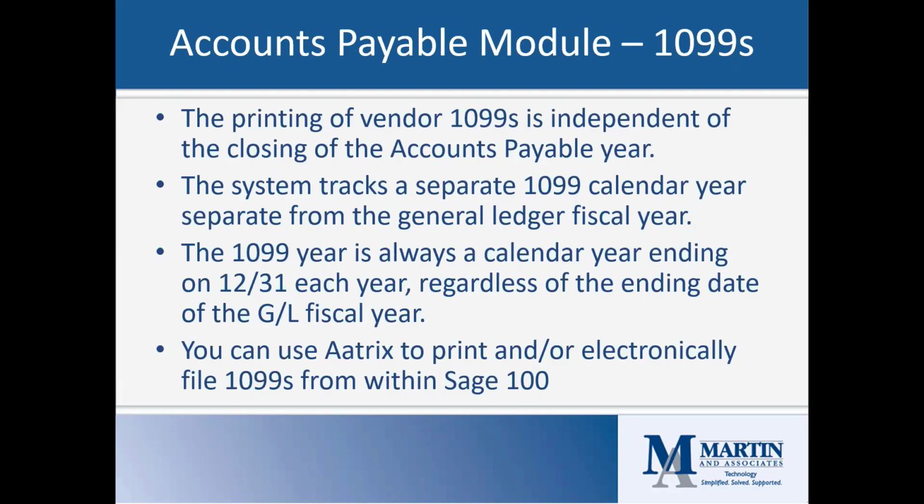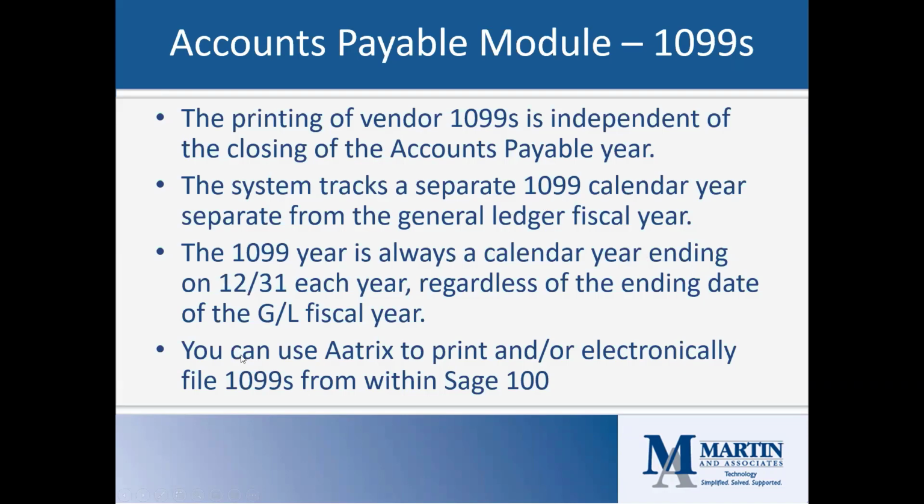The system tracks a separate 1099 calendar year, which is separate from the GL fiscal year, because you might not be a 12/31 year-end company, but you still have to report your 1099s from 1/1 through 12/31. So your 1099 year is always a calendar year ending on 12/31.